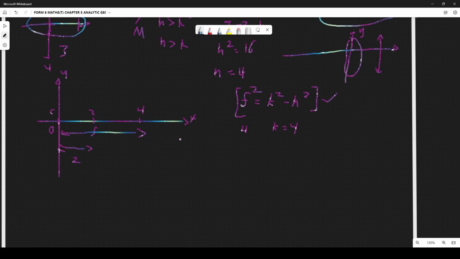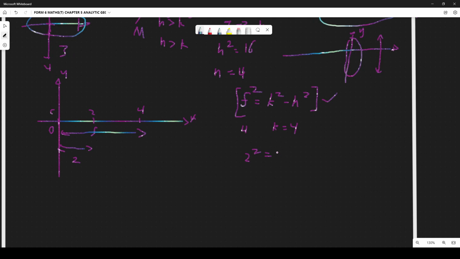So 2 squared equals, since we know that this plane is going horizontal, we can say that the major axis lies horizontally.